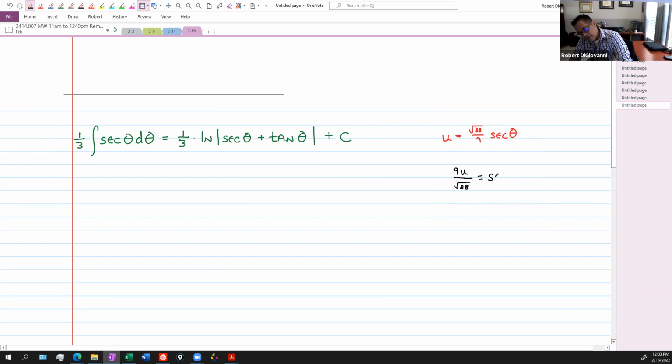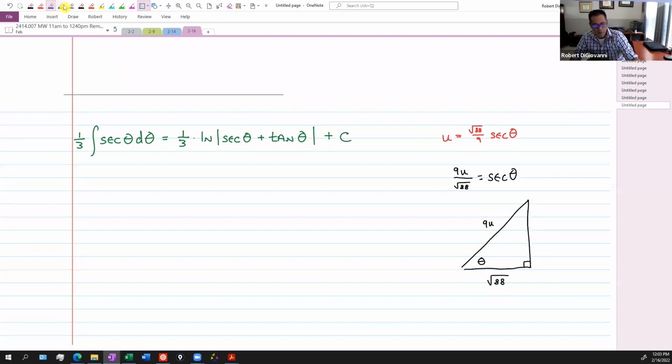And that gives me what secant theta is. So if I do a triangle like this, and this is theta, secant is hypotenuse over adjacent. And that means the one remaining side over here is the square root of this one squared, so 81u squared, minus this one squared, which is 88.